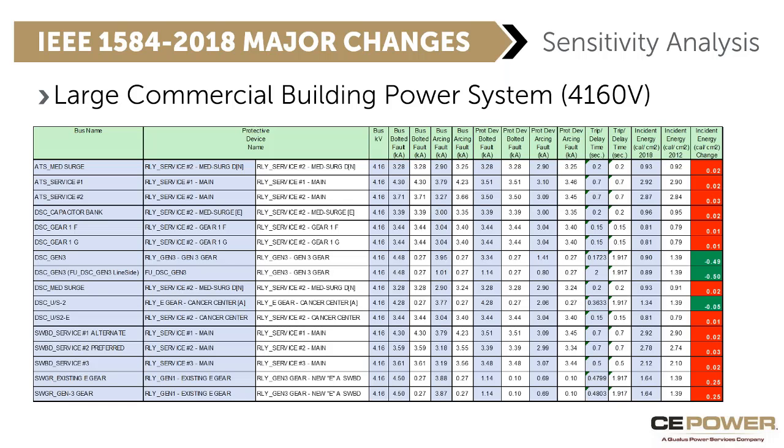high system level stuff. So here are some incident energy values for a 4160 commercial building system. We can see, again, in the far right column, the red means it's gone up by that much, and the green means it's gone down by that much. We can see that there's not a whole lot of change between the two models.